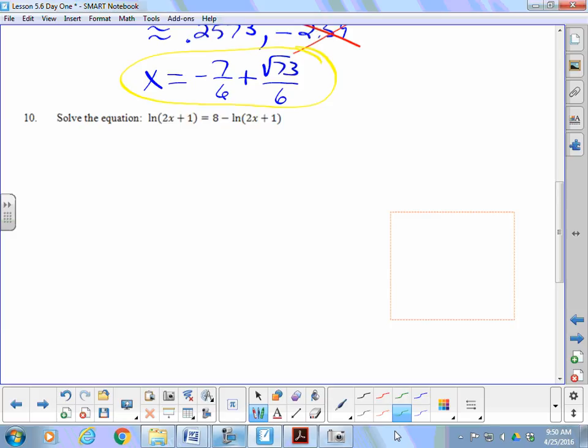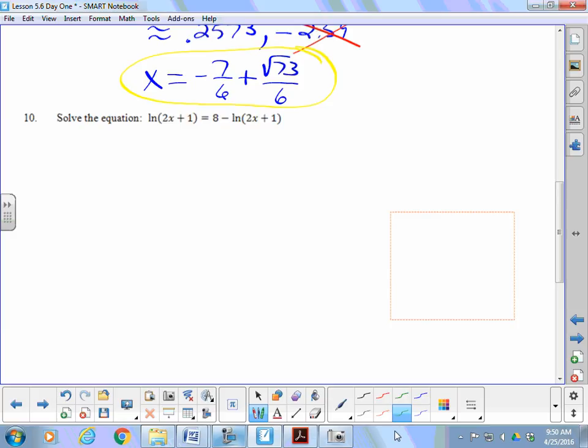What do we do first here? There's not dividing on the right, because that says 8 minus. It would have to be the natural log of something minus the natural log of something for us to divide. Okay. Another option. Max. Correct.